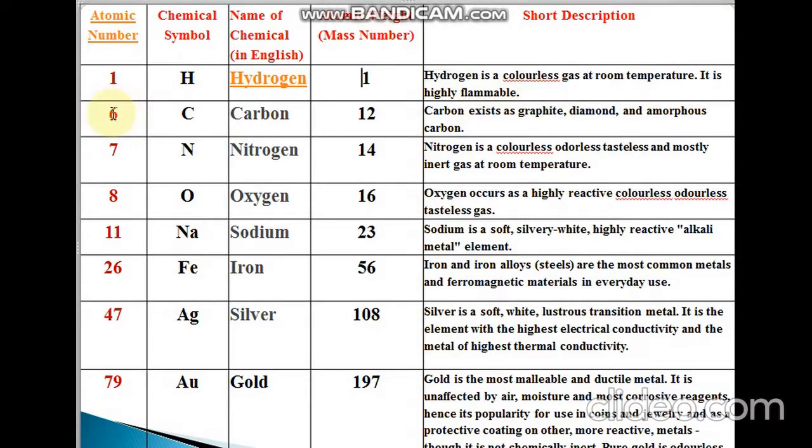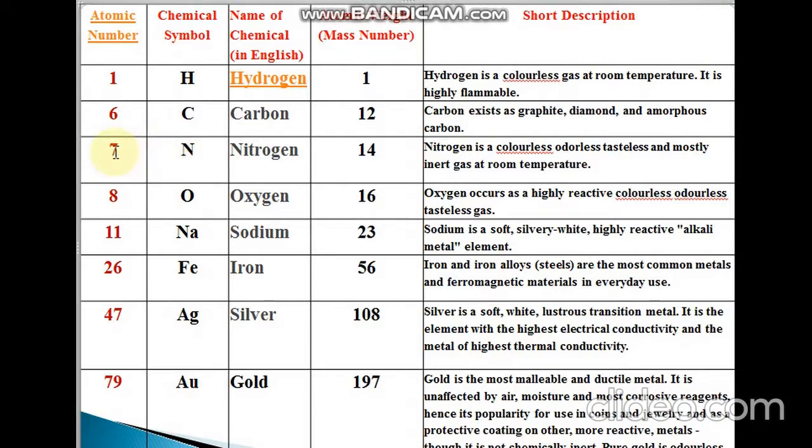Second is atomic number 6. Chemical symbol is C. Carbon. Atomic weight 12. Carbon exists as graphite, diamond, and atmosphere's carbon.